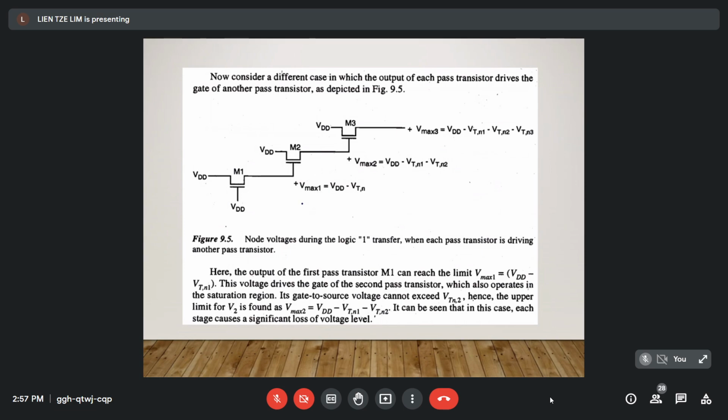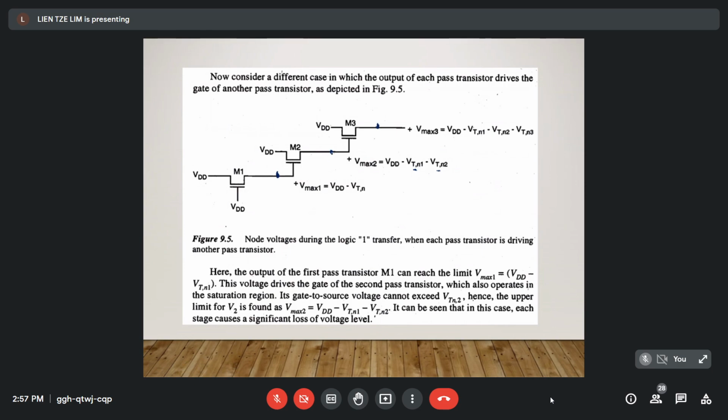All the voltages at the output node of each transistor are also defined as Vmax equals VDD minus VT minus VT. These are the threshold voltages of 2 different transistors.